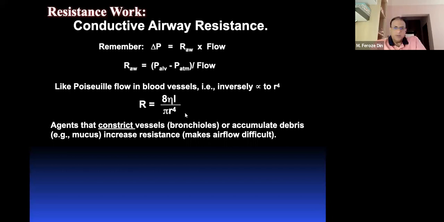The most crucial is the r to the 4, which means that the thinner a vessel, the much higher the resistance. For example, if you lowered the radius by just half, the resistance, the big R, would increase to the power 4, 2 times 2 times 2 times 2, which is 16 times. So if the radius is half, the resistance would increase 16 times.